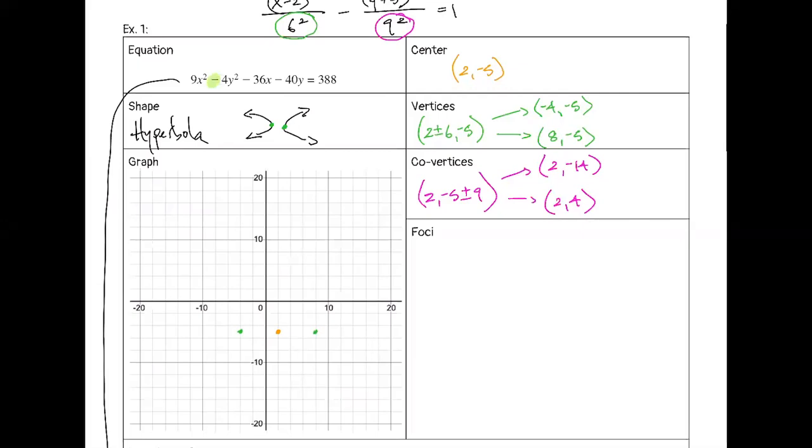And I've got my co-vertices at 2, 4, and 2, negative 14. And instead of connecting those and making it into an ellipse, we know it's not an ellipse, we know it's a hyperbola. We're going to go ahead and use those to draw a box. And so the box is going to look something like this.